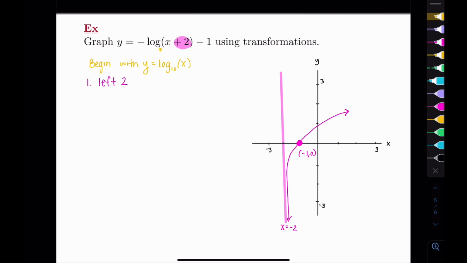Now I'm concerned with doing any reflections. So we do have this minus sign. And this minus sign is not attached to the x. So that means we reflect over the x. Okay. When I reflect a vertical asymptote, it's not going to do a single thing. It's still going to be in exactly the same spot. So our vertical asymptote will still be here at -2.